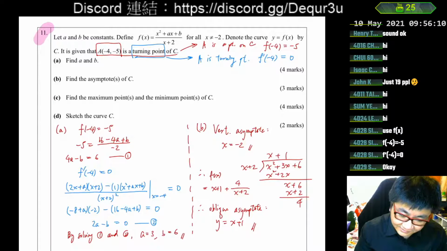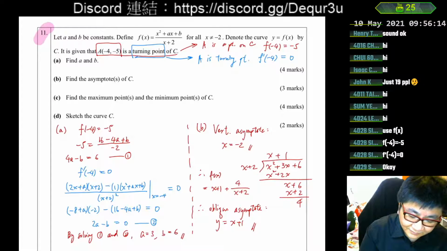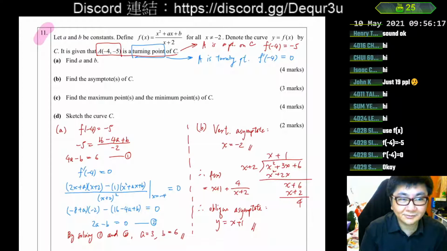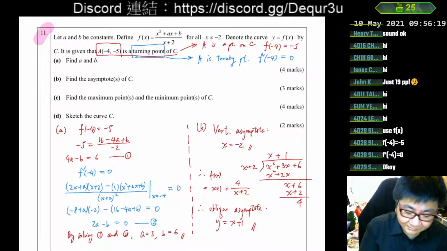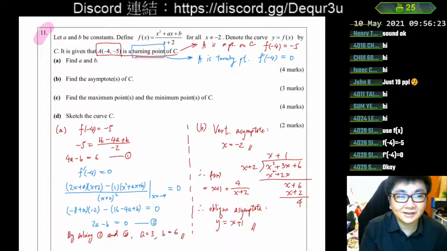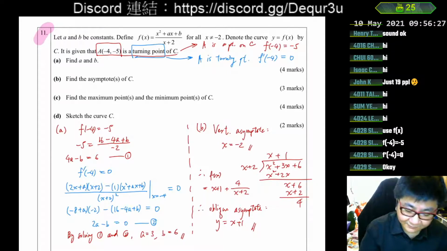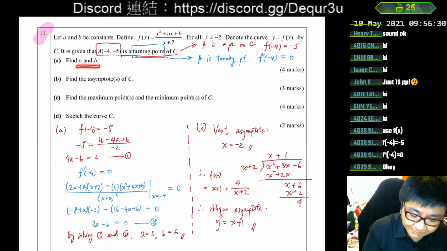Part C will be to find the maximum and minimum points. And by the way, we should all know that maximum points and minimum points are both turning points. And here it will be a very good answer check, because we found the values of A and B from this piece of information for turning points.